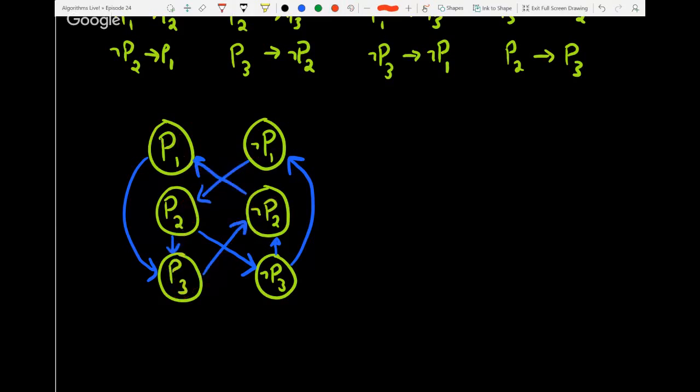And I can also go from P1 and follow a chain of implications. That was a bad choice. How do I get to P3? Unless I deleted an edge.